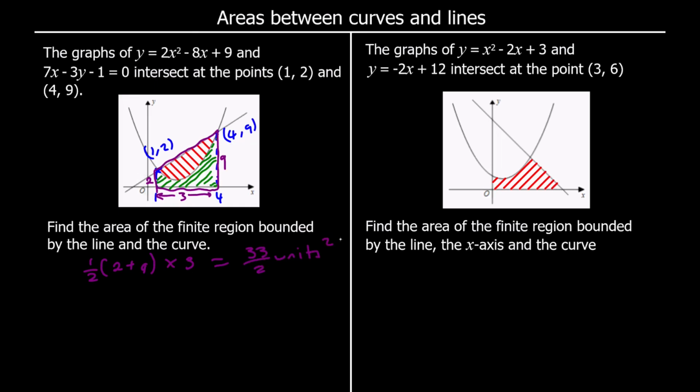So that's the total shape. Then if we do the integral between 1 and 4 of our quadratic, 2x squared minus 8x plus 9, we can find the green section to take away from the trapezium, which will leave us with the red section.